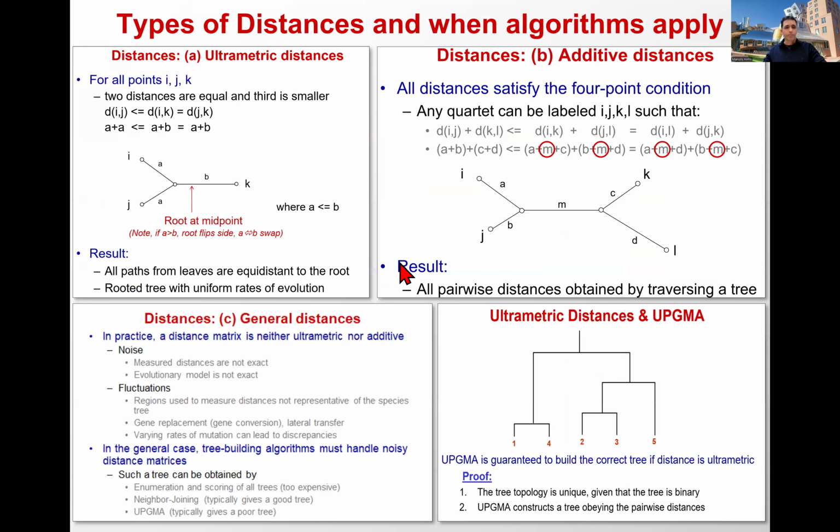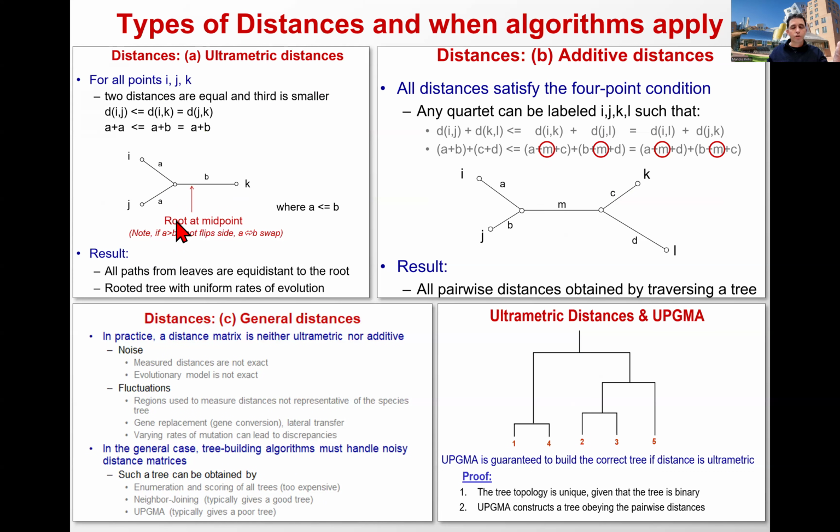Good. So again, an additive distance can be checked simply by satisfying this 4-point condition. But all the 4-point condition says is that for any 4 points, I can find a midpoint branch that satisfies this. And notice A and B don't need to be the same.